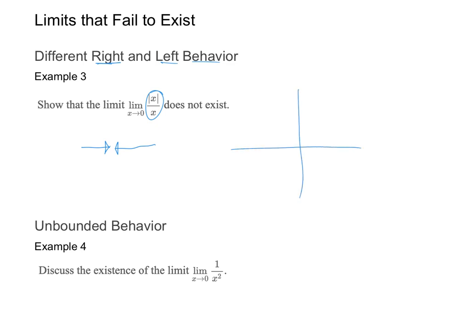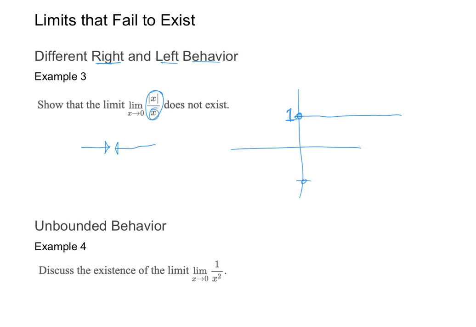So when x is positive, that would be like 1/2 over 1/2. Well, that equals 1. And so we have a graph that goes like this. Now note, this is not equal at 0. 0 over 0 does not exist.